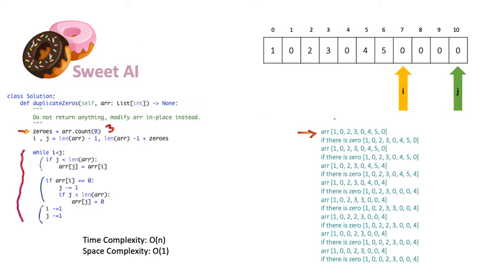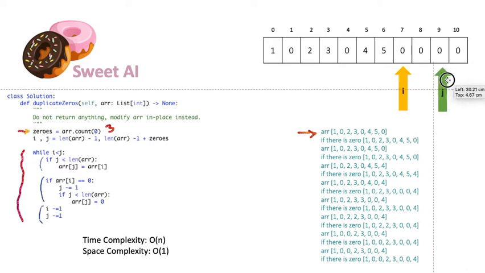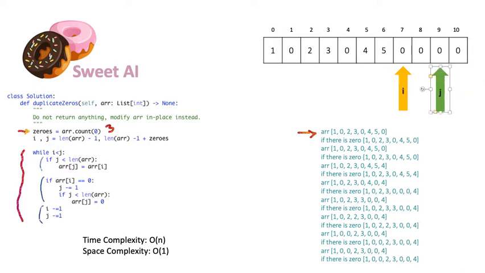Let's see how we can do this, and I will go through some examples so you can better understand this solution. Let's start from i at 7 and j at 10. If j is smaller than the length of the array, we put i inside j, but j is 10 and is not smaller than the length of the array, so we don't do anything here. Then we check if i is equal to 0, and if it is, we move the j pointer 1 step to the left, and again check if j is smaller than the length.